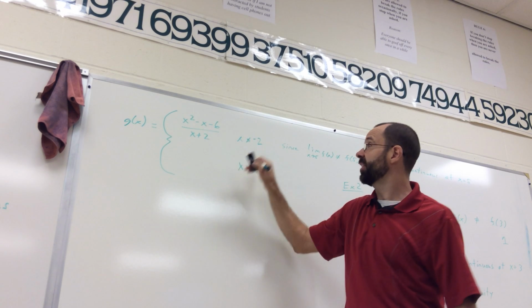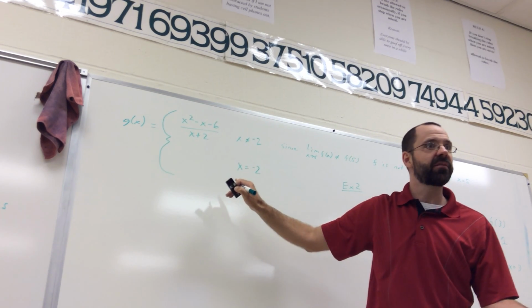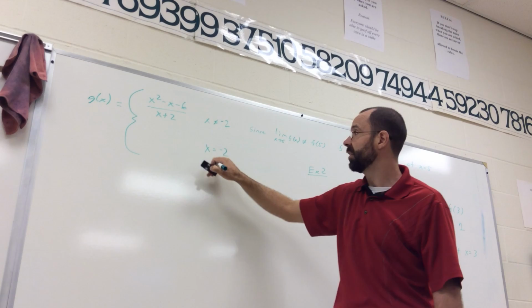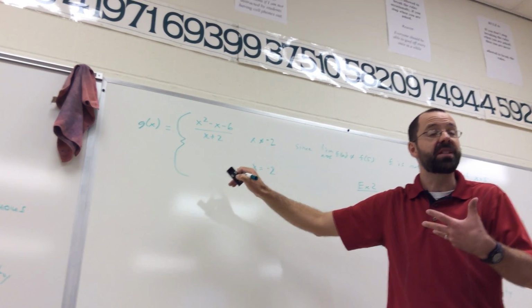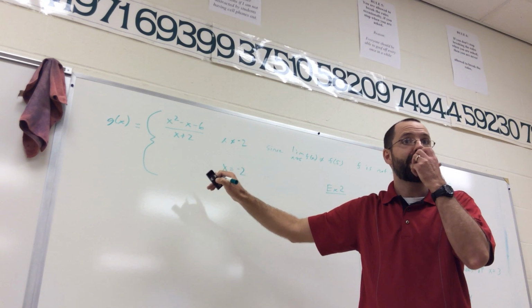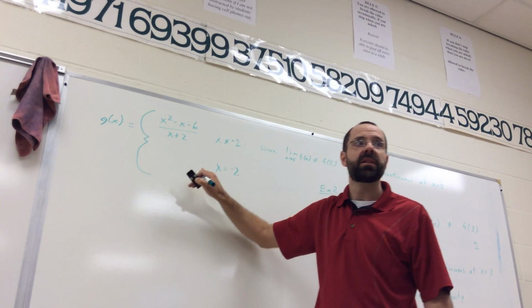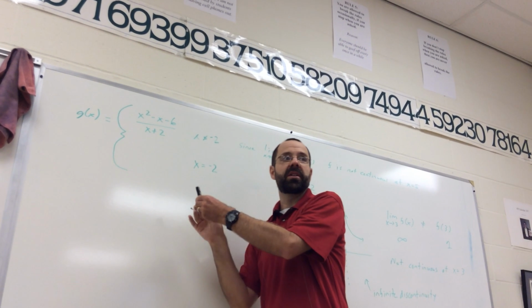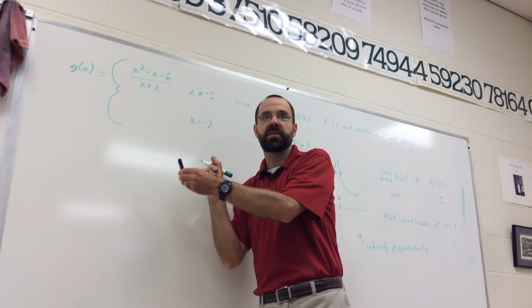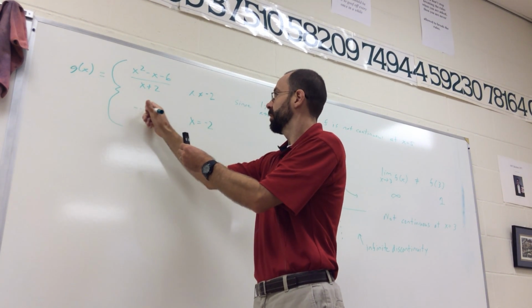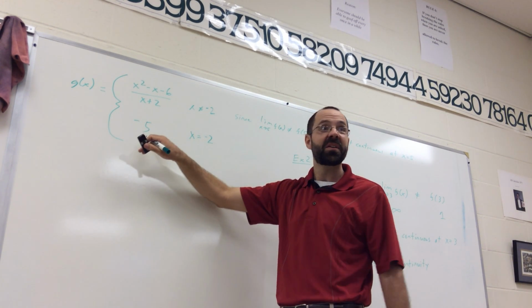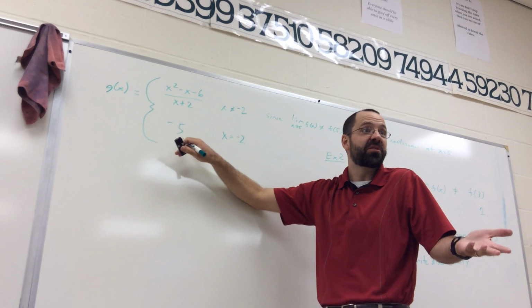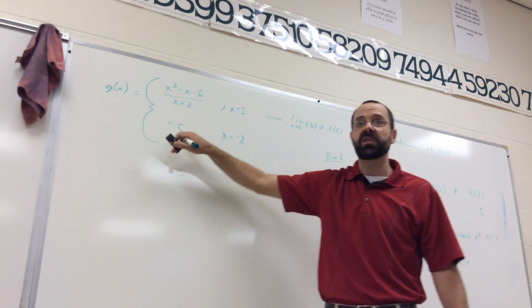Because then, if I calculate the limit of this, I'll get -5. And if I calculate the function, I'll get -5. So then I'll have a new function that's continuous. So I need to come up with a formula that spits out -5. Here I'm going to come up with a really complicated formula that spits out -5. There it is. Just tell the person that at -2 it's supposed to equal -5.